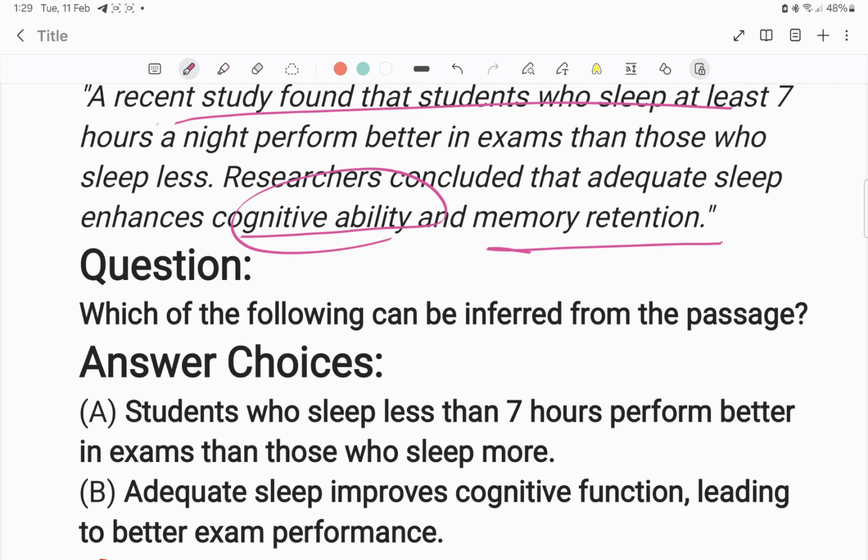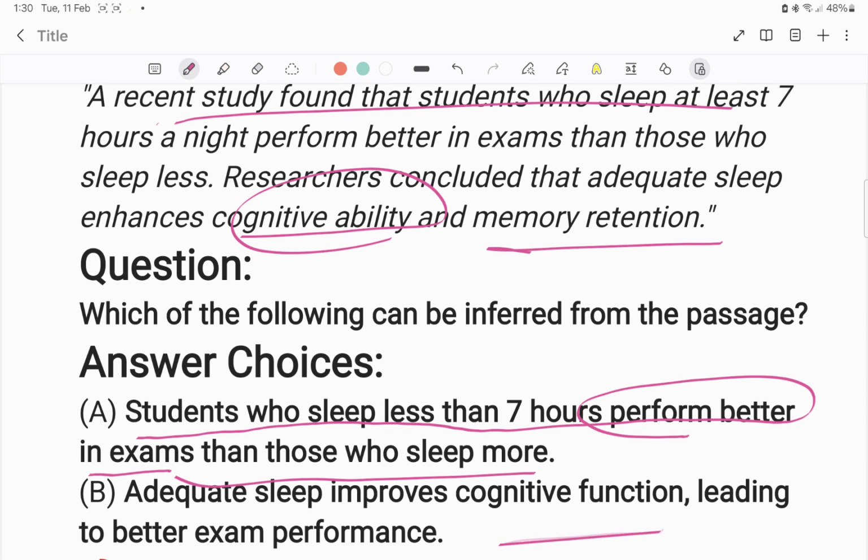Step 2 is check for hidden opposites. Option A says that those who sleep less than 7 hours perform better in exams than those who sleep more. The passage says adequate sleep improves cognitive functions. Compare directly with the passage: option A says the opposite of what the passage states.